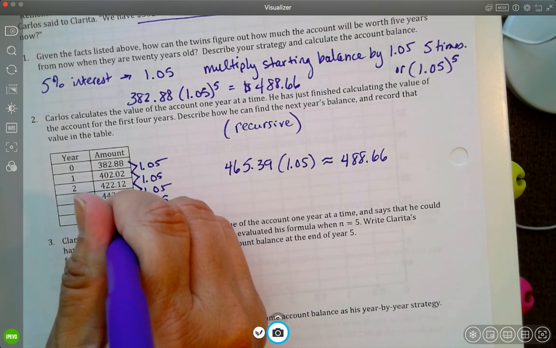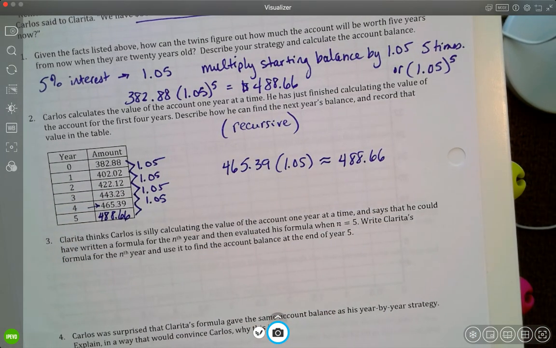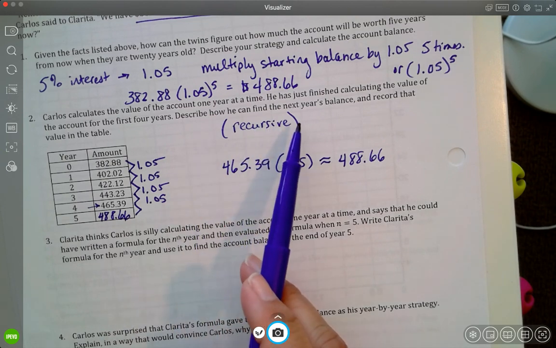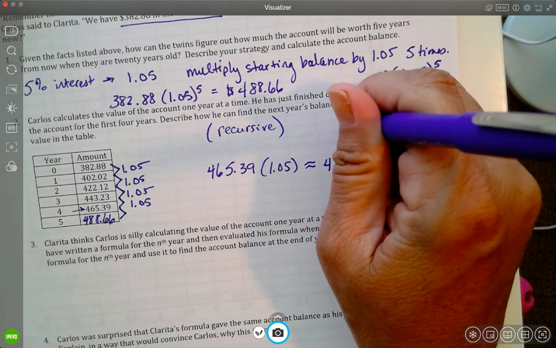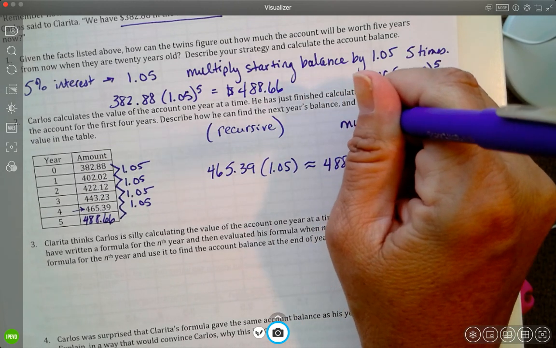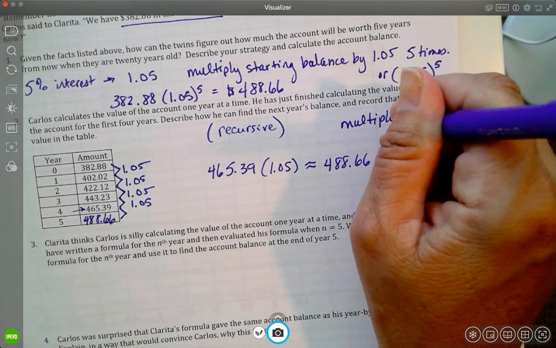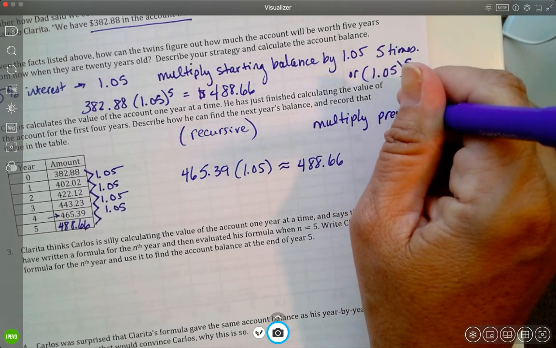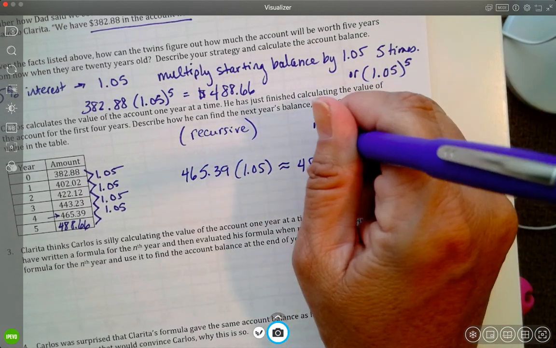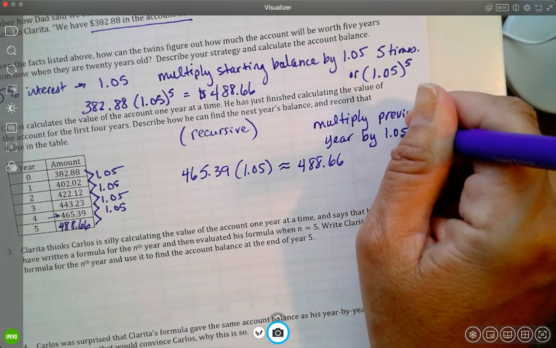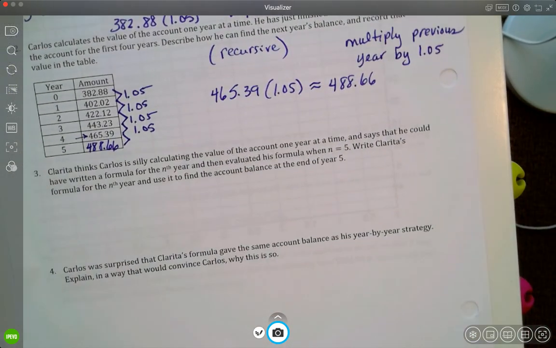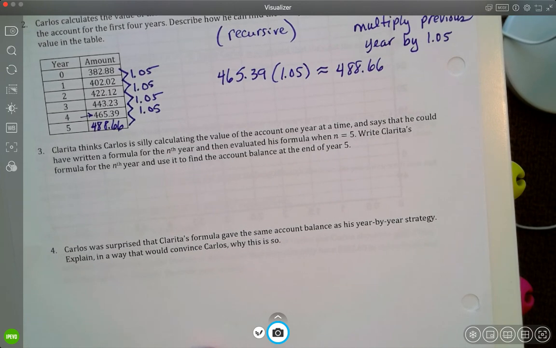Okay, and it says describe how he can find the next year's balance. So basically, that's what he's doing. Multiply the previous year by 1.05.